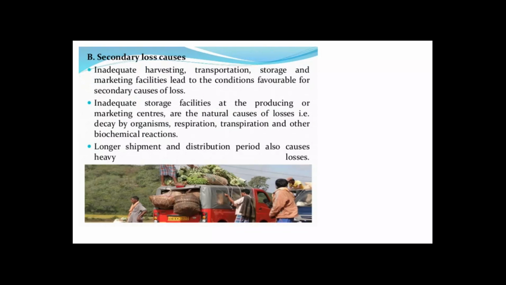Then you have secondary causes, inadequate harvesting, transportation, storage, and marketing facilities. Inadequate storage at the producing or marketing centres, and longer shipment and distribution periods also cause losses.